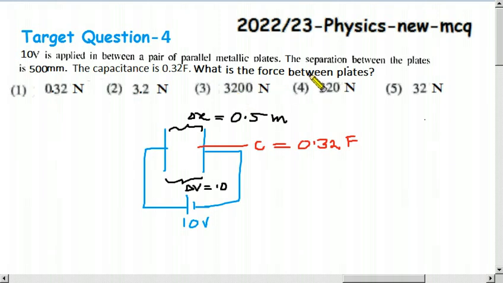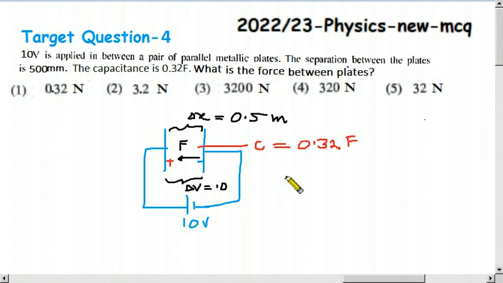What they ask is the force. Since there are positive ions here and negative ions here, there will be an attractive force between these plates. If one is fixed and stationary, the other will move towards the first one due to the attraction force, because they are opposite in charge, positive and negative.